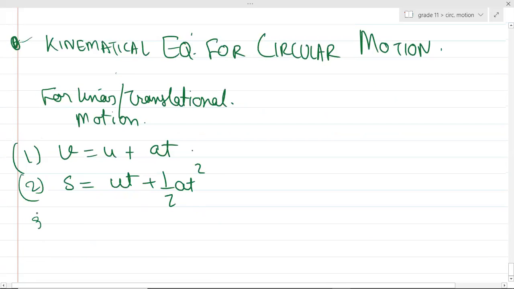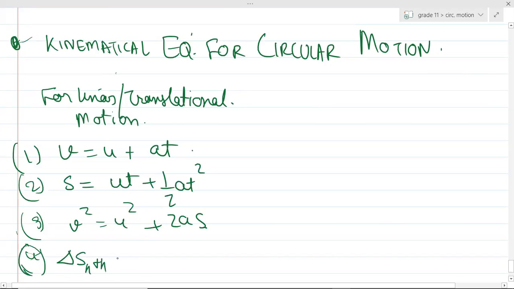The third equation was V square is equal to U square plus 2AS. And the fourth equation was delta S nth is equal to U plus A by 2 into twice of n minus 1.